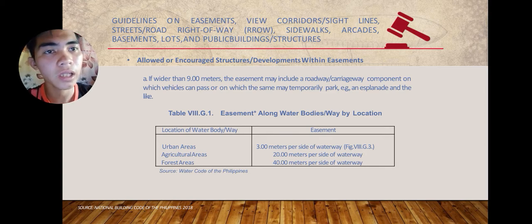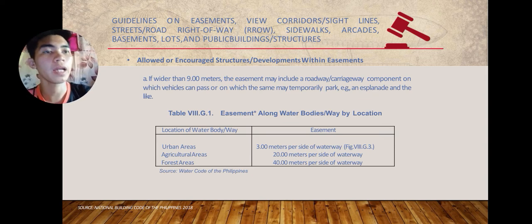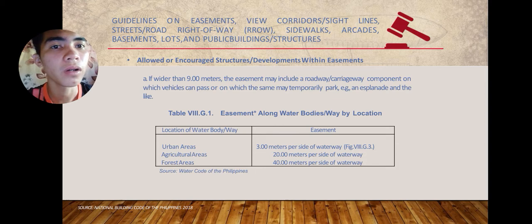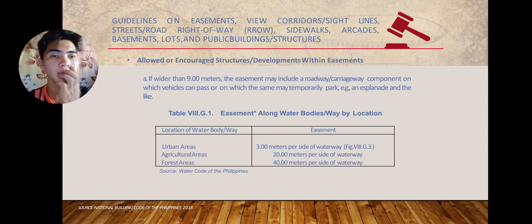Allowed or encouraged structures development within easements. So, if wider than 9 meters, the easements may include roadway, carriageway, components on which vehicles can pass, or on which same with temporary park or is plane of the like. So, makita man sa table, di ba?